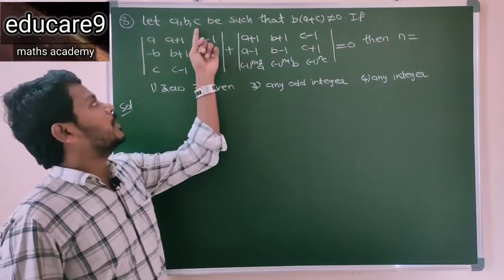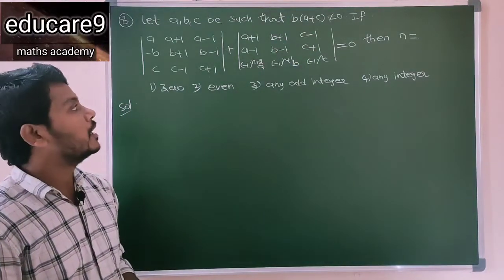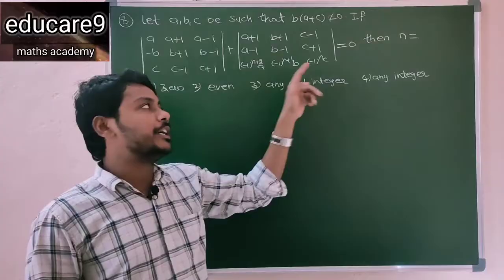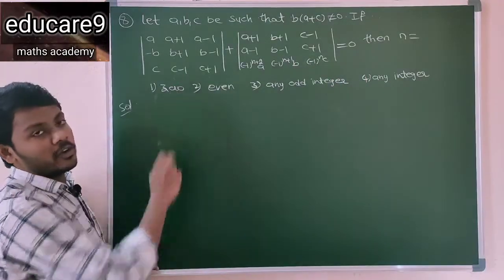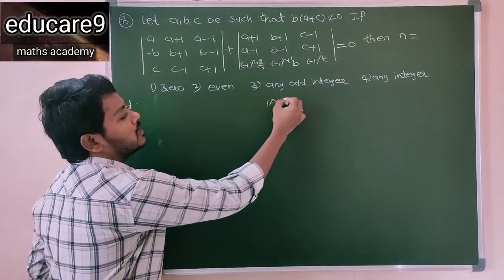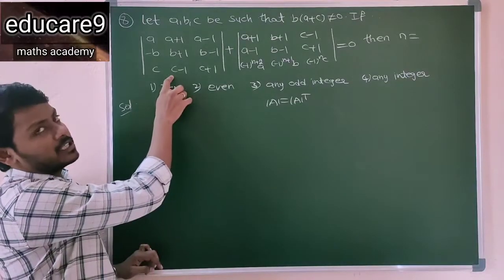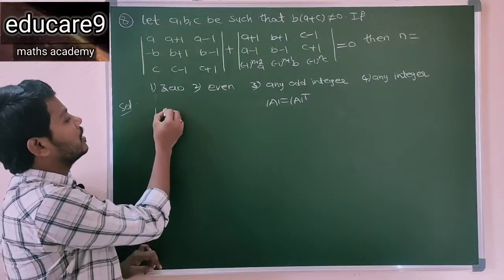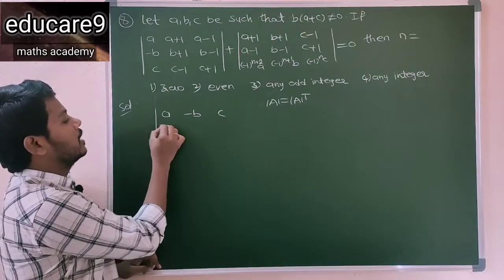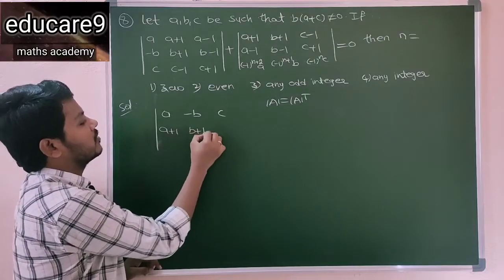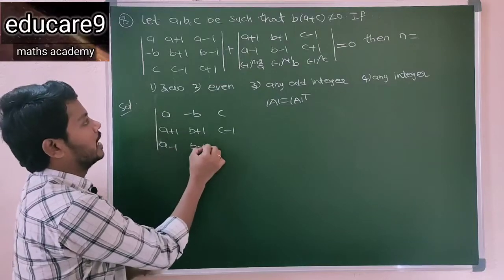Here a, b, c such that b times of a plus c is not equals to 0. Then the sum of these two determinants is 0. Find the value of a. So here you know that determinant of A is equals to determinant of A transpose. So that's why this can be written as a minus b c, next a plus 1 b plus 1 c minus 1, next a minus 1 b minus 1 c plus 1.